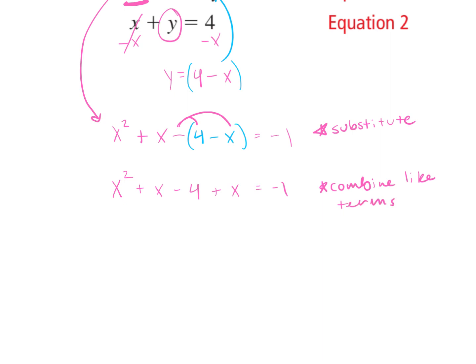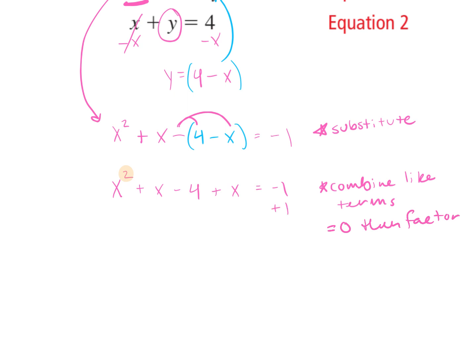I'm going to move everything to one side because I have an x squared, so that tells me I'm going to have to factor. So it has to be equal to 0, and then we're going to factor.